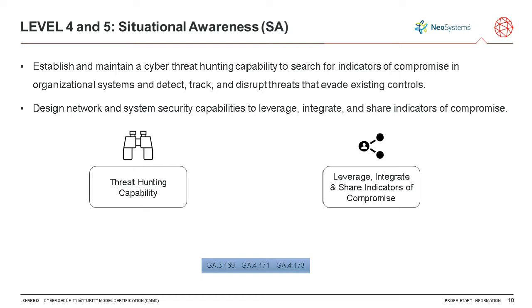You're likely at this level to be getting intel from government sources. You're being fed that real-time, live, and very specific data. The expectation is that you're going to do something with that data once you've gotten it. So you're proactively looking at those indicators to see if you were impacted once you do receive that information. Additionally, within your network design and system security capabilities, you're considering these types of factors within the design, right?